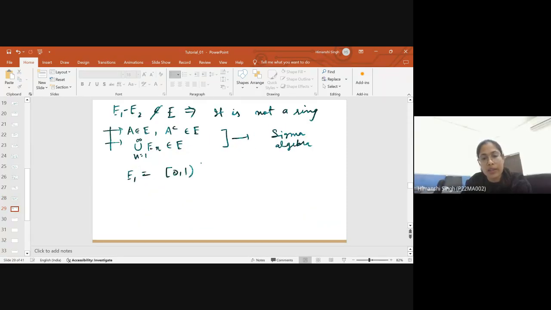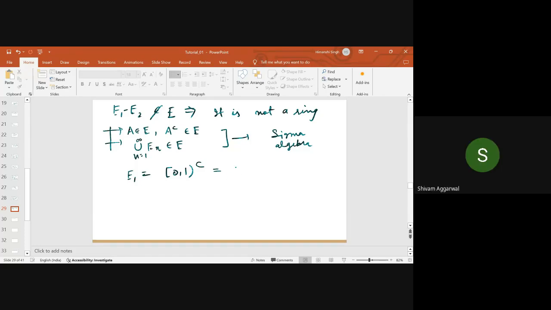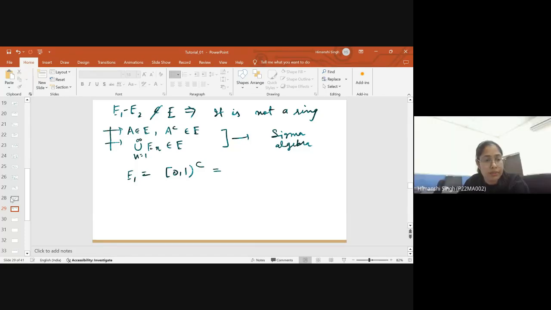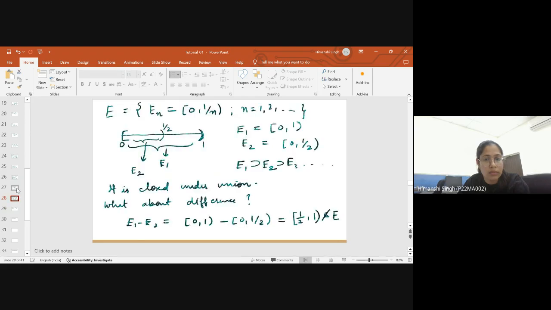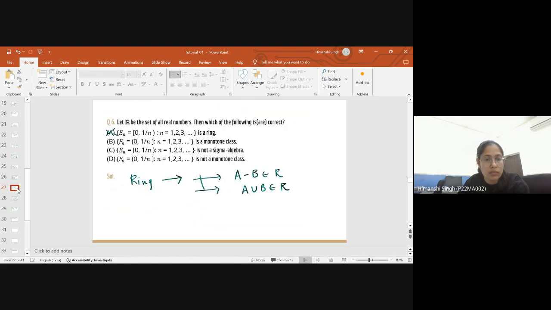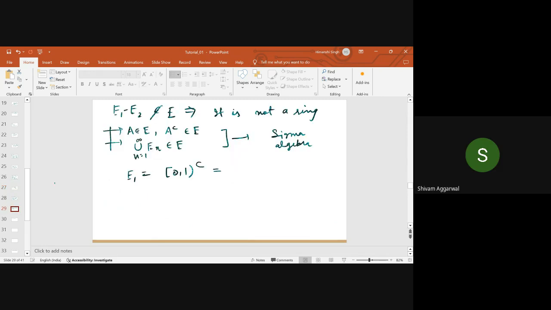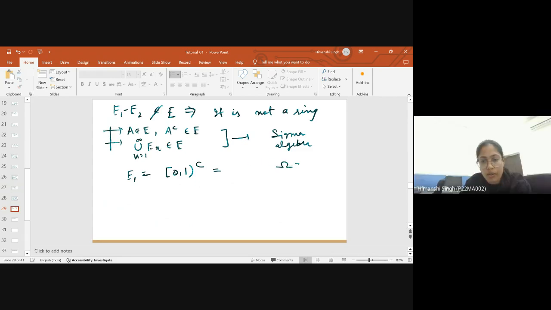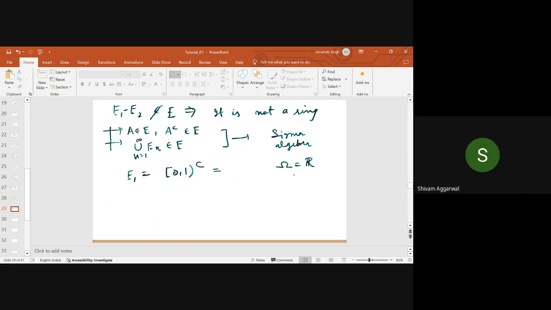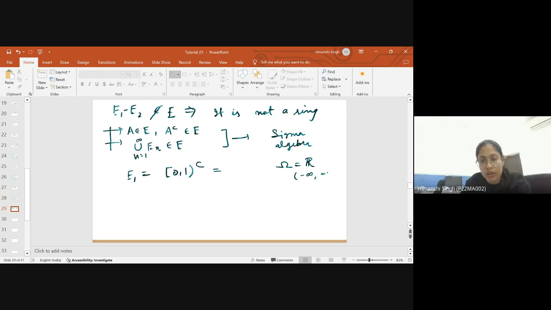So let's consider its complement. Our whole sample space omega is R, and R can be written as minus infinity to infinity.